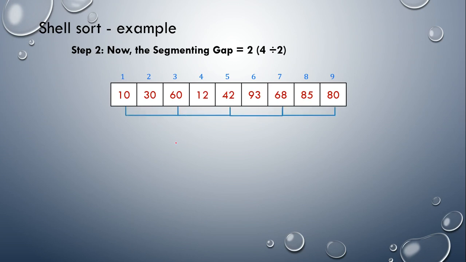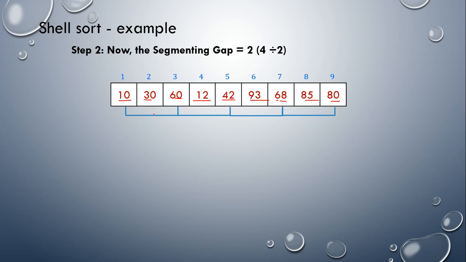Now 10 is compared with the element at distance 2, 60 is compared at distance 2, 42 is compared at distance 2, 68 is compared at distance 2. Now among these we sort using insertion sort.